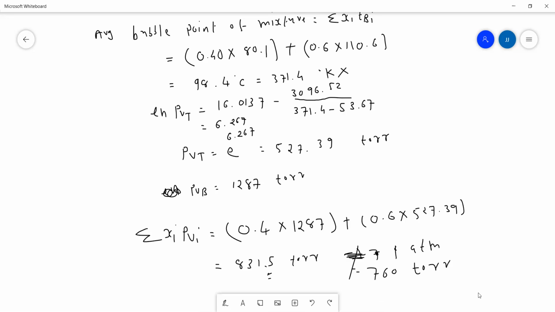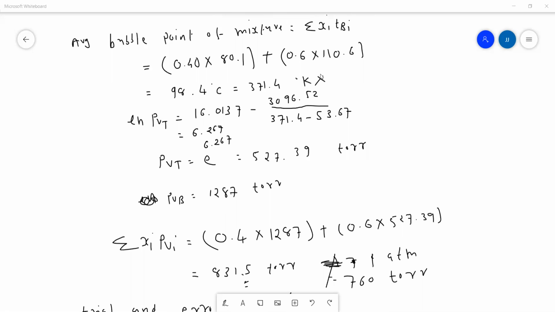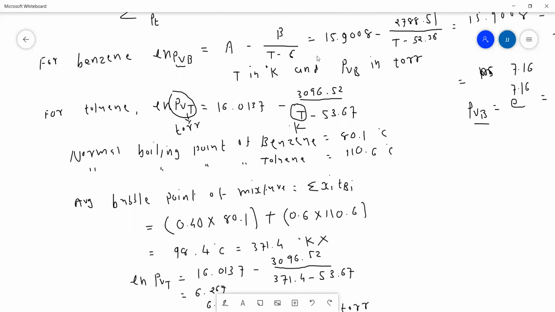So by trial and error method, at a temperature of 95.3 degrees centigrade, you convert into Kelvin, put it into these equations, and determine the vapor pressure.